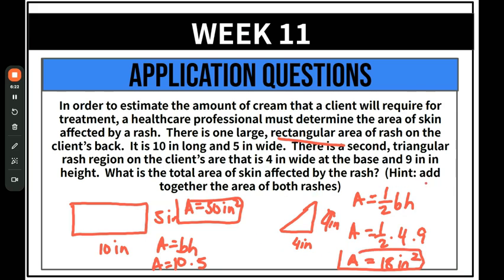So they said in the hint, add together the area of both of these. So I've got 50 plus 18 gives me a total area of 68 inches squared.